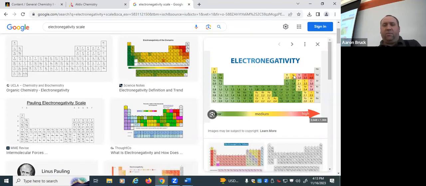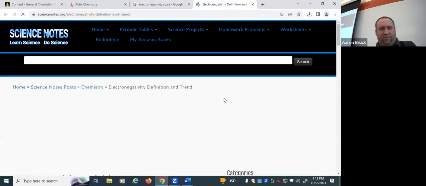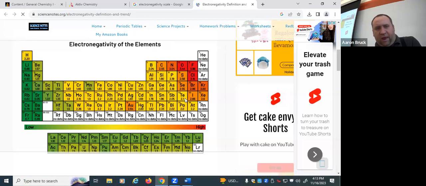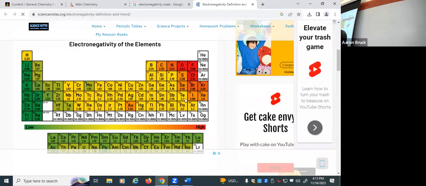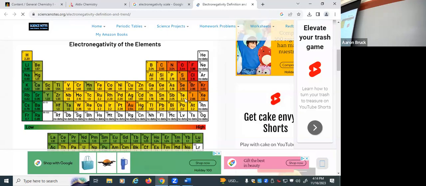To answer that question the most fully, we're going to want to go to the electronegativity scale. And if I'm comparing nitrogen, the electronegativity is just above 3. With sulfur, with an electronegativity just above 2.5, I would say that the nitrogen has a greater attraction to those electrons than the sulfur does.